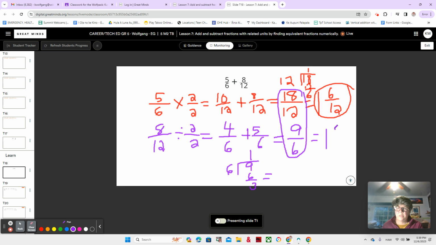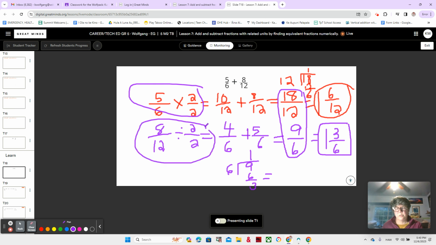So this would be 1 3/6, and I could multiply both of these by 2 and get 6/12. So they are equivalent fractions. All right, so in that case, we could multiply the smaller one by 2 over 2 or divide the larger one by 2 over 2. But we know that doesn't always work, but it did work for this one, right?